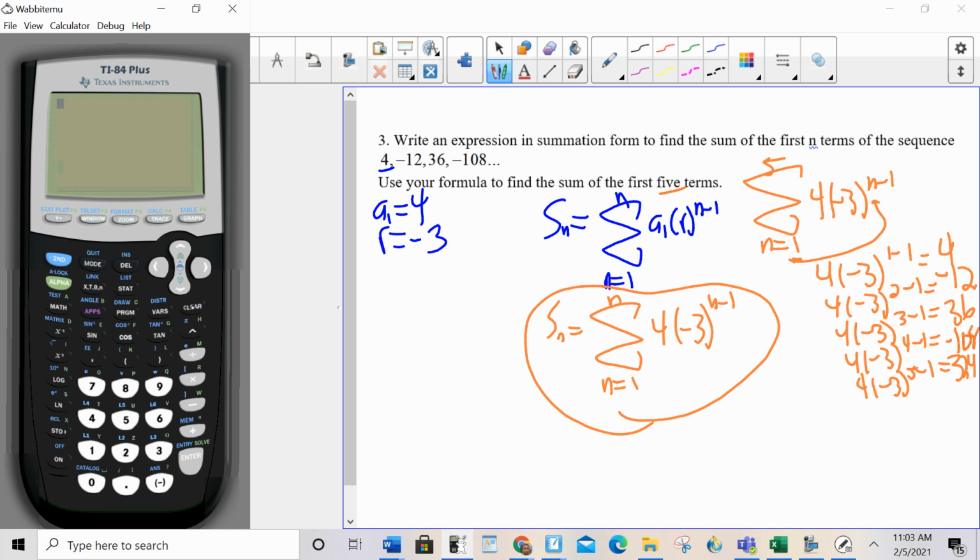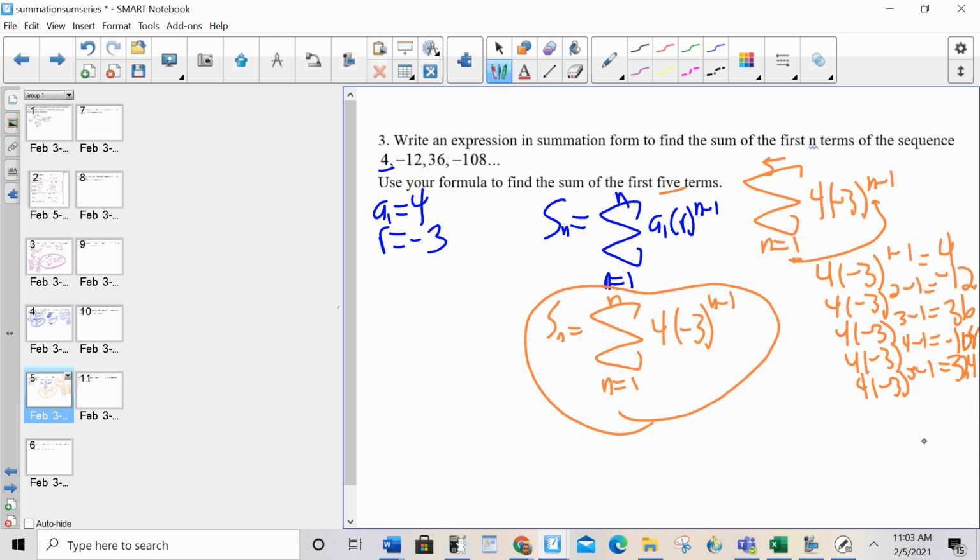I add them all up: 4 plus negative 12 plus 36 plus negative 108 plus 324. It's 244. And that's your answer. S of 5 equals 244.